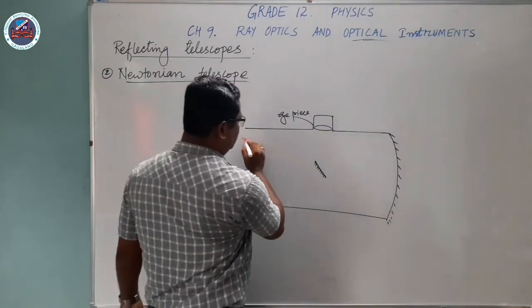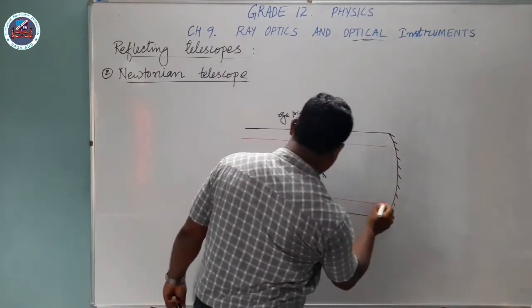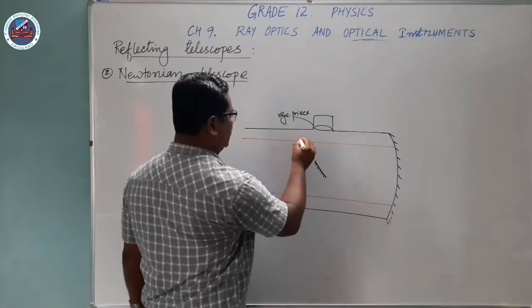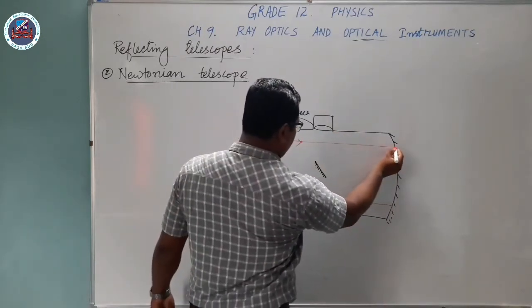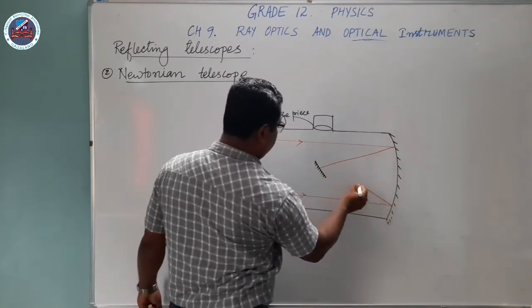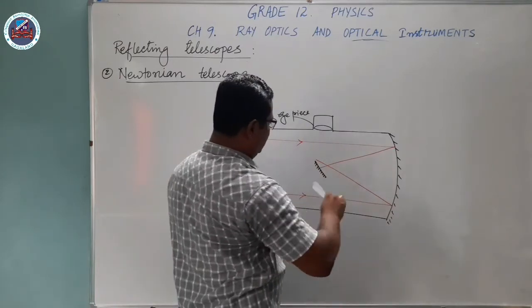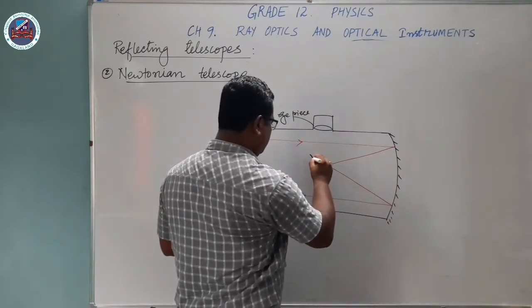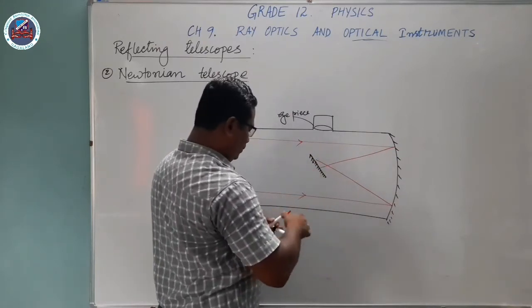When light rays strike the parabolic mirror, as in the case of the Cassegrain telescope, they come in parallel. After striking here, they come this way and then get reflected by the plane mirror, which is kept at an angle of 45 degrees.